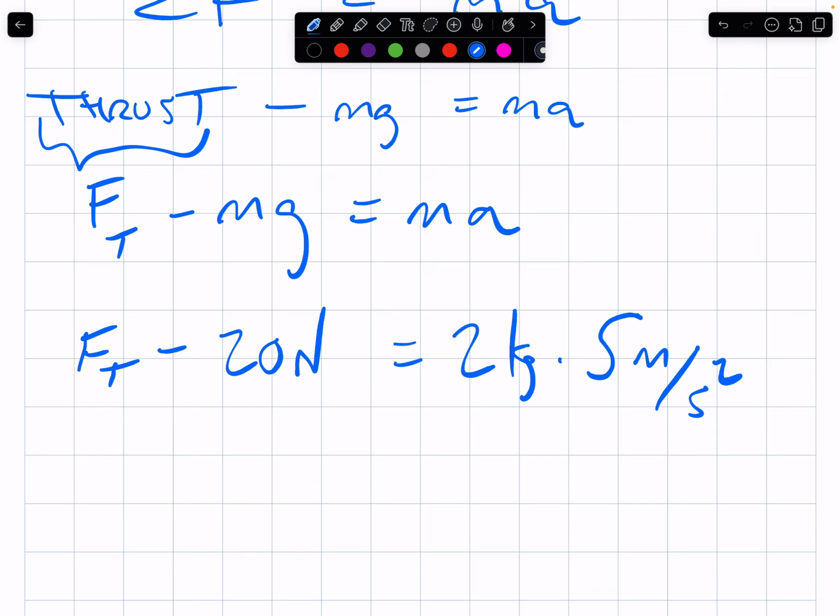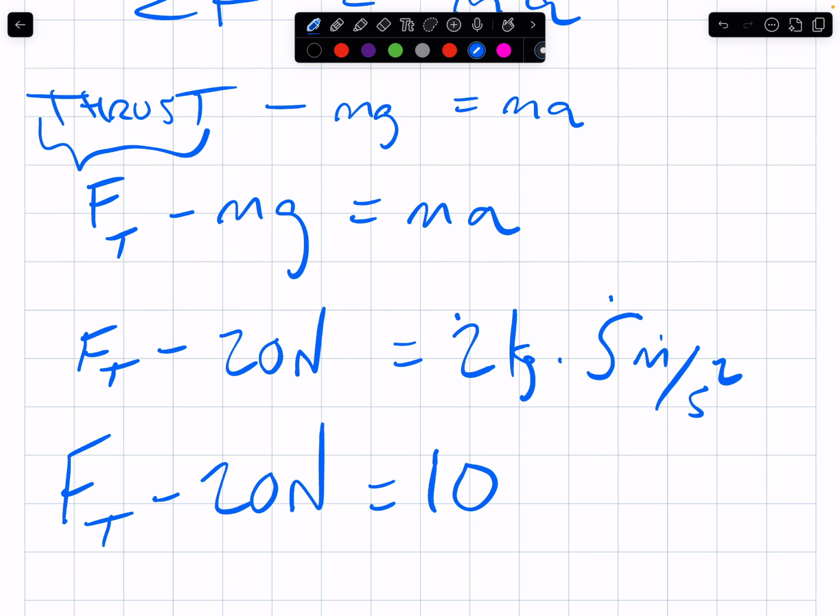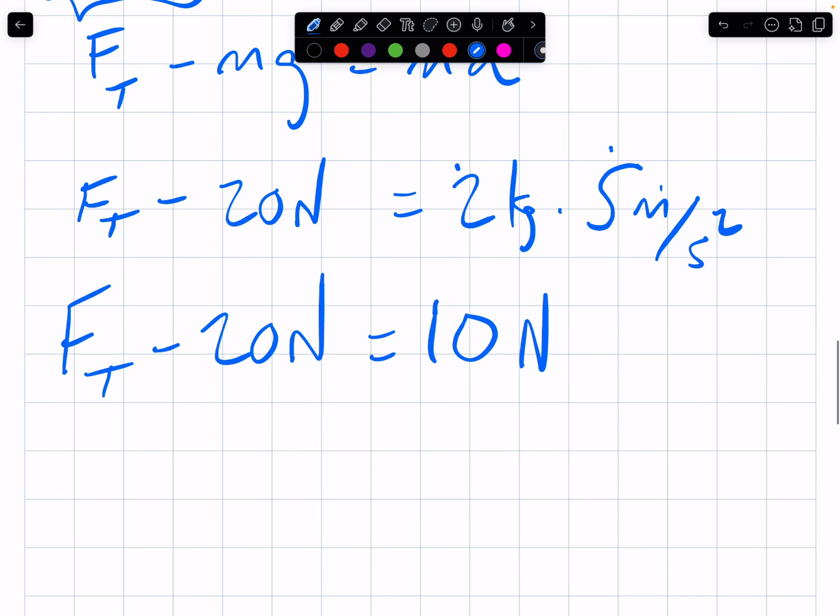So now I've got F thrust minus 20 equals 2 times 5 is 10. And a kilogram times a meter per second squared is called a newton. So F sub T minus 20 newtons is equal to 10 newtons.